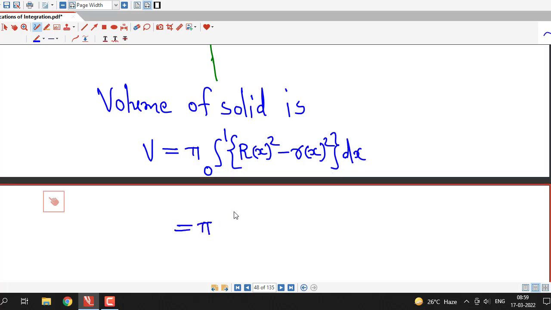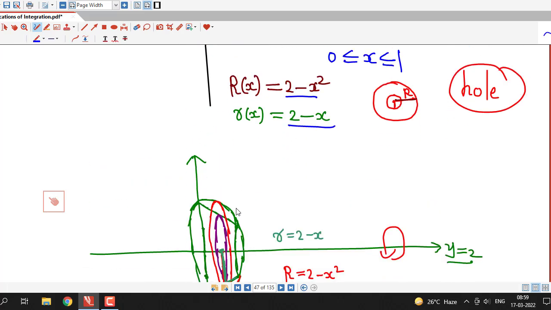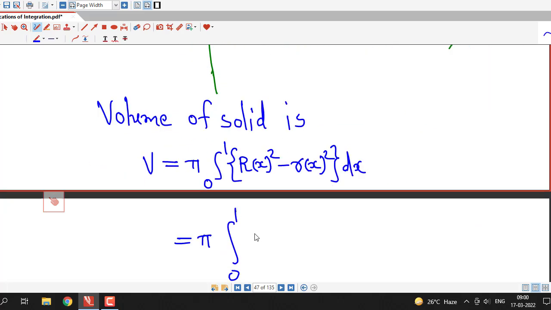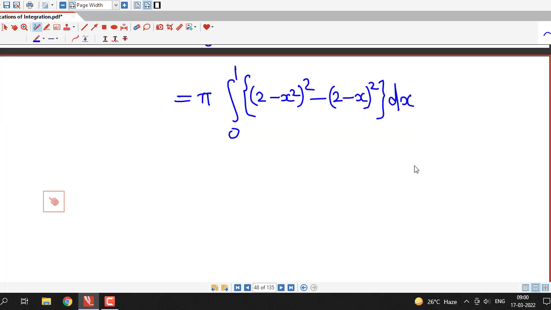So this is going to be pi integral from x equal to 0 to 1 of R of x, that is outer radius, 2 minus x square. So we consider square of 2 minus x square, minus inner radius is 2 minus x. So we take 2 minus x whole square, integral with respect to x.